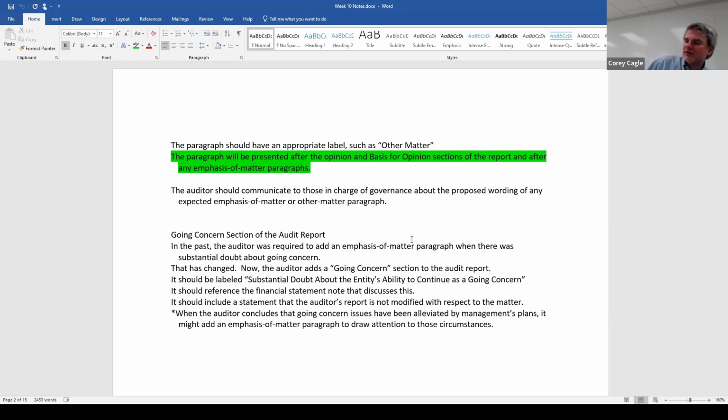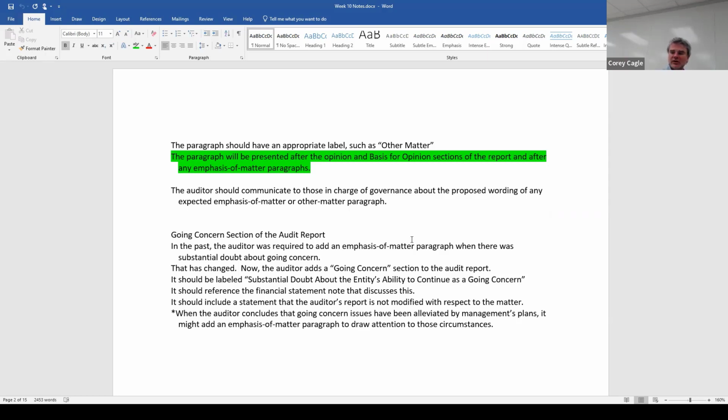Again, a statement that the auditor's report's not modified, because if you remember, going concern is fine. Going concern problem is fine as long as it's appropriately reported, right? The auditors are looking for fair presentation in accordance with GAAP, and if there's an appropriate note disclosure about it, it's fairly reported, right? So we would refer to the note.